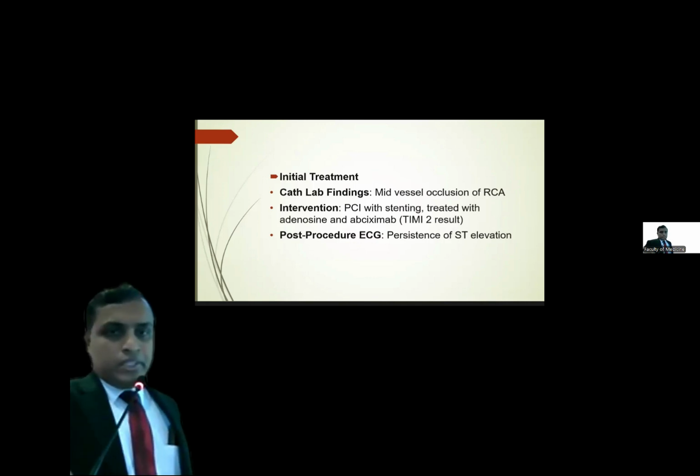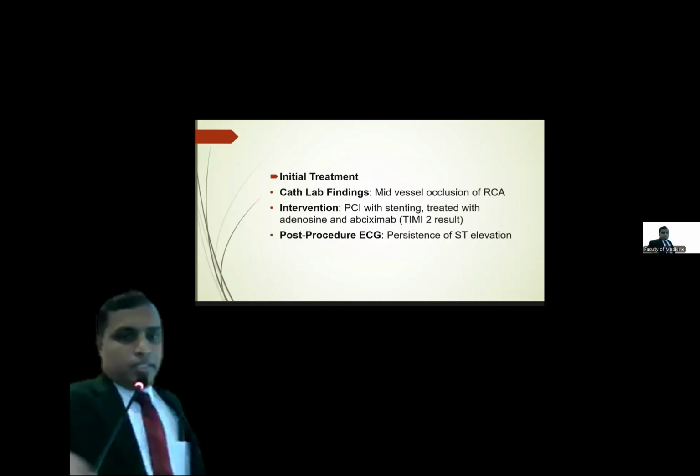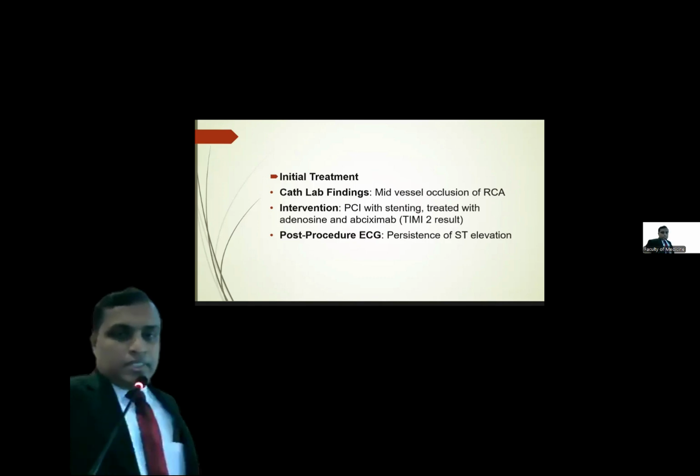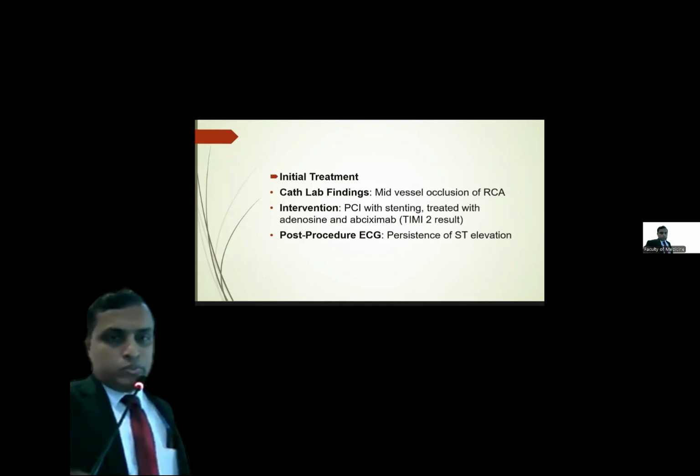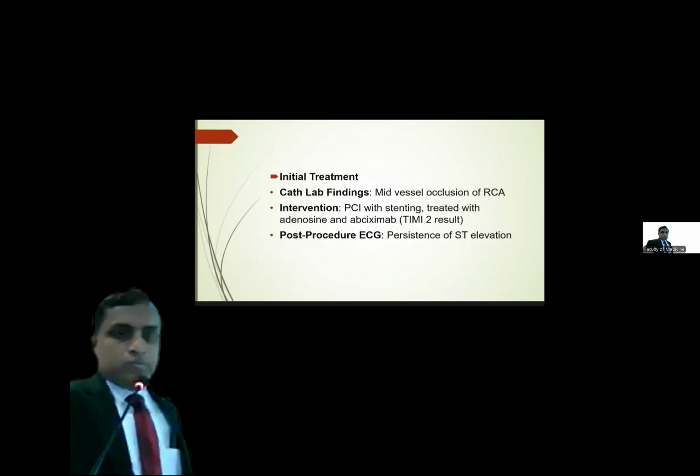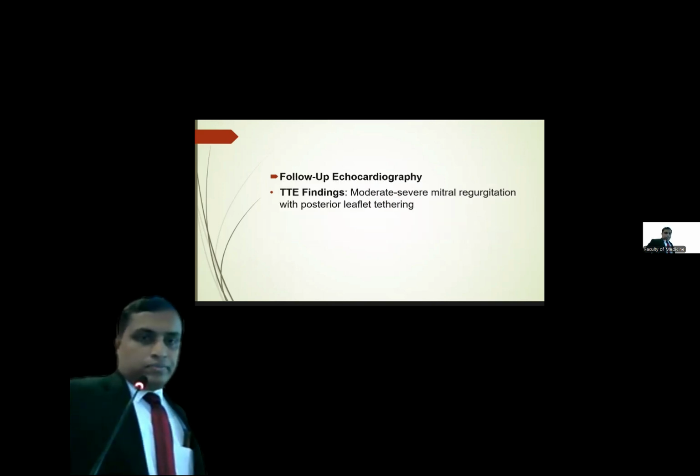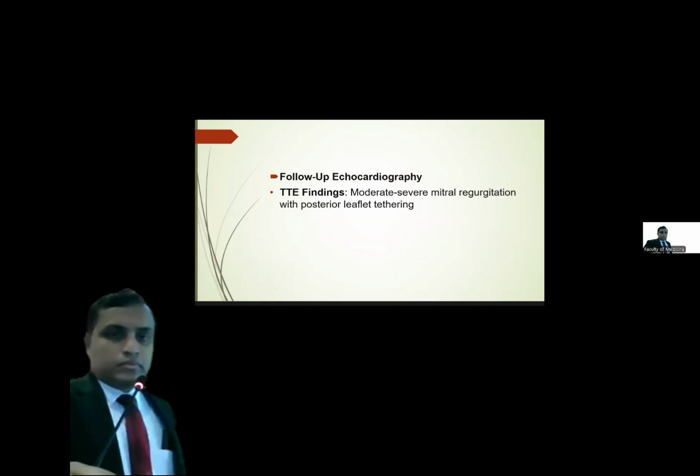Stenting was done, but after stenting the flow was not that good. If the flow is very good, we call it TIMI 3 flow, but this was TIMI 2 flow. Because of that, he was treated with adenosine, which acts for microvascular dilatation, but there was still persistent slow flow.